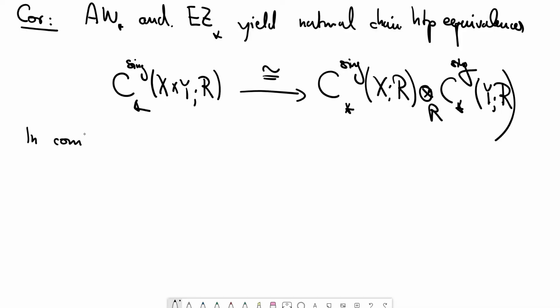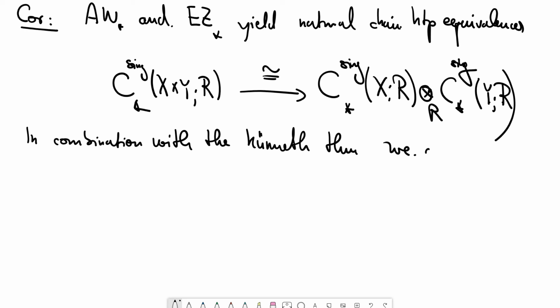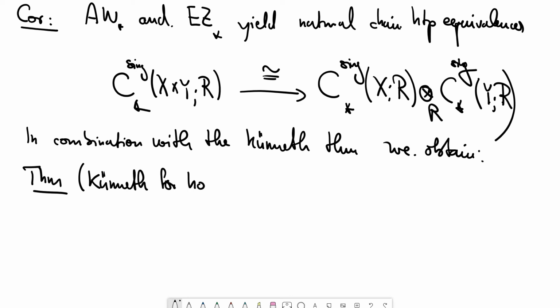So in combination with the Künneth theorem, we now obtain what I want to call the Künneth theorem for homology of spaces, or products.